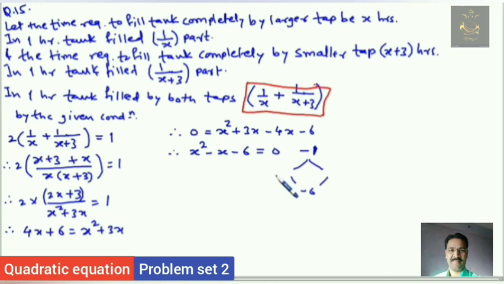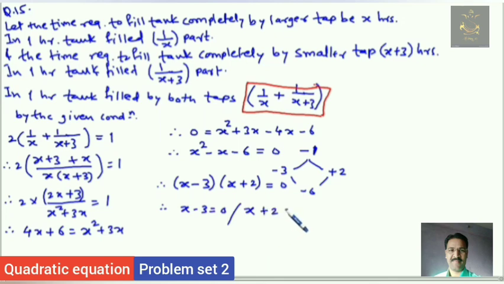That is 3 twos are 6, means minus 3 plus 2. So we can write directly, x minus 3 times x plus 2 is equal to 0. Therefore, x minus 3 equals 0 or x plus 2 equals 0. Here x equals 3 and x equals minus 2.